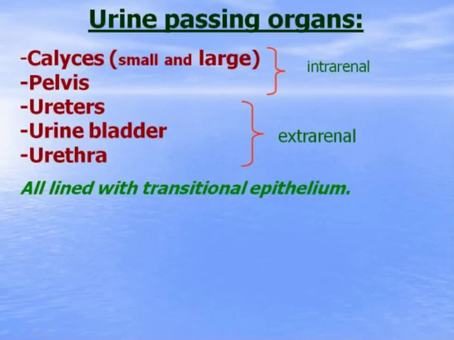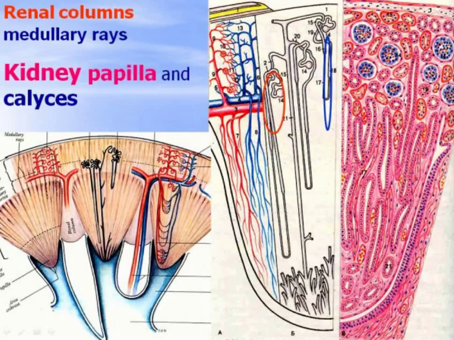You see the renal pyramids, the apex, where the papillary ducts release the final urine into the calicle. These blue calicles are lined by transitional epithelium.